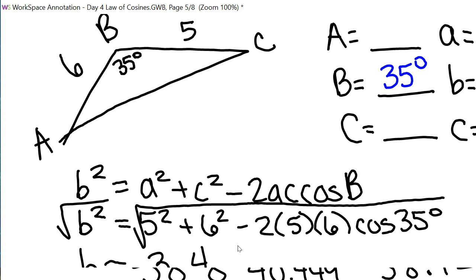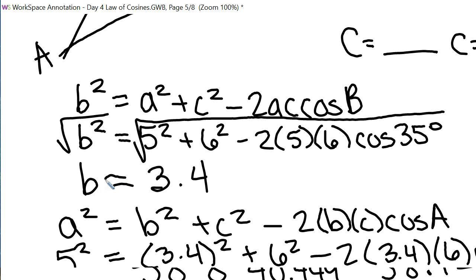So what is 5 squared? 25. And what's 3.4 squared plus 6 squared? 47.56. And multiply these three with negative 2 times 3.4 times 6. Negative what? Negative 40.8.